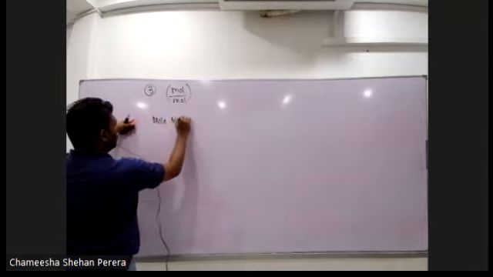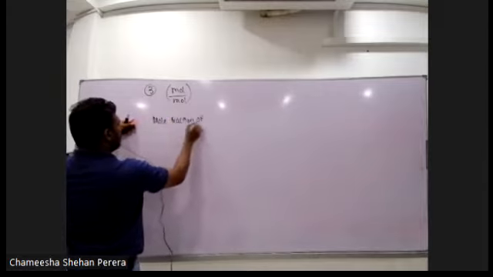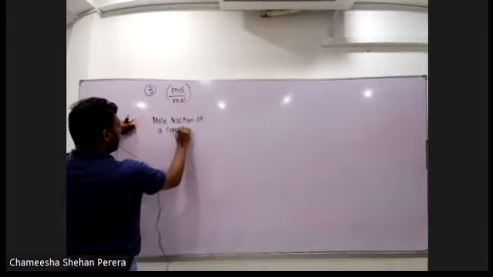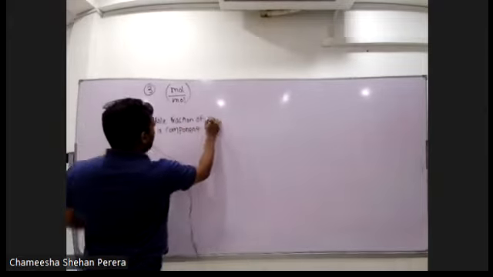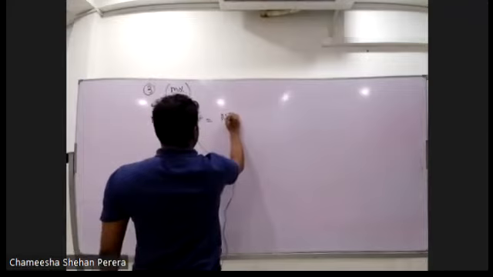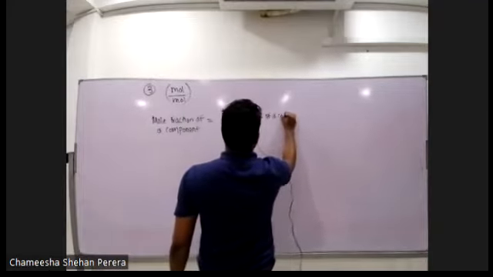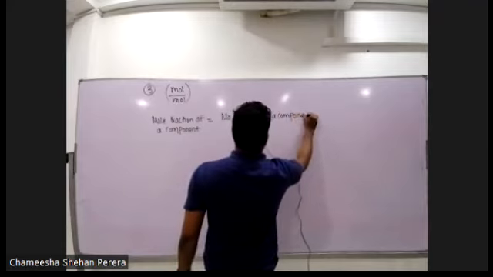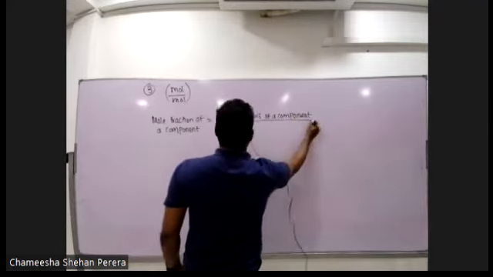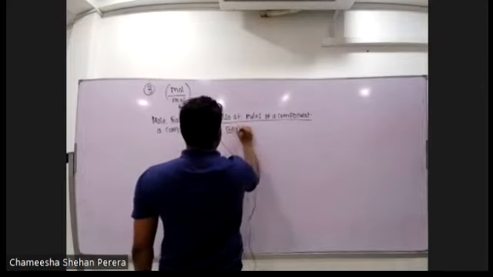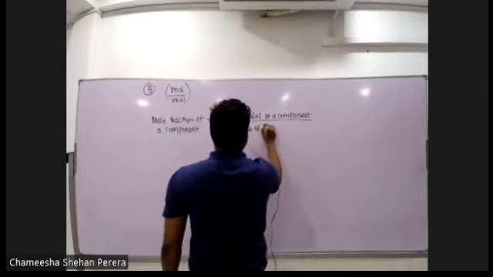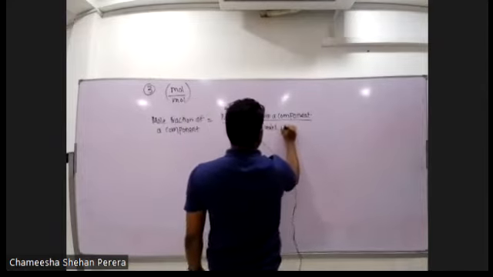So the equation: mole fraction of a component equals number of moles of a component divided by the total number of moles in the mixture.